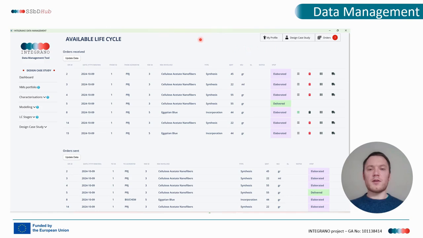So this enables partners to order materials between each other, and it enables each partner to see the status of the order, so whether the order has been received, if it is underway, or if the material has been dispatched. So this aids significantly with the organisation of the work to be performed within the project. And from a project management point of view, it allows a complete overview of the status of work that is ongoing within the project.